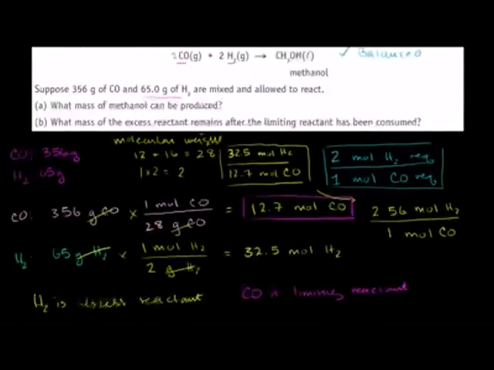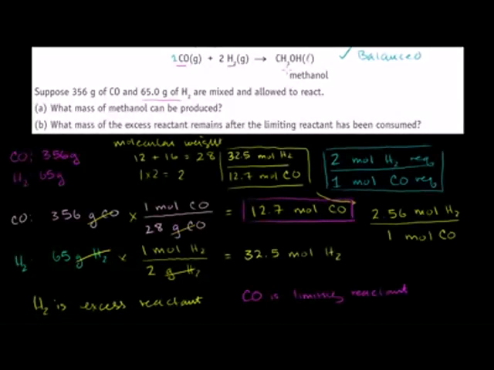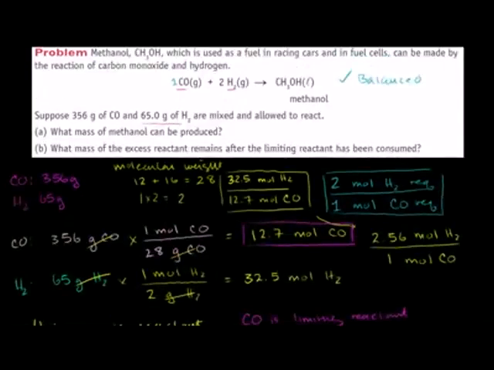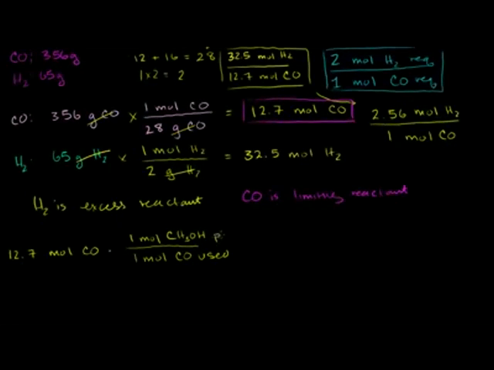Looking at our original equation, for every mole of carbon monoxide, we produce 1 mole of methanol. So times, and we want the carbon monoxide in the denominator, 1 mole of carbon monoxide used gives 1 mole of methanol, CH3OH. We get that straight from the balanced equation. This math is pretty easy, but it gives us the right units.